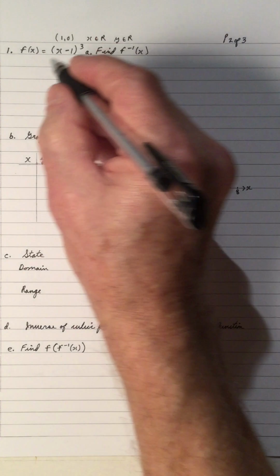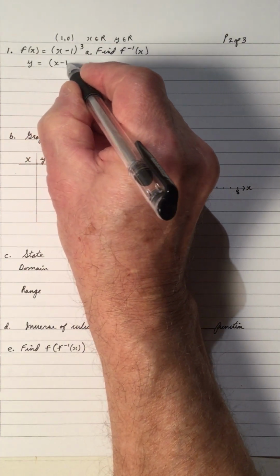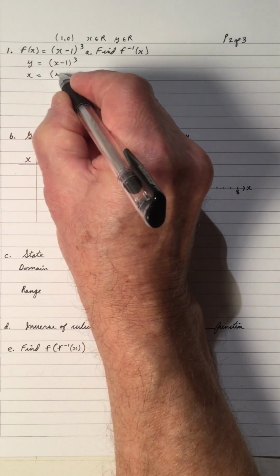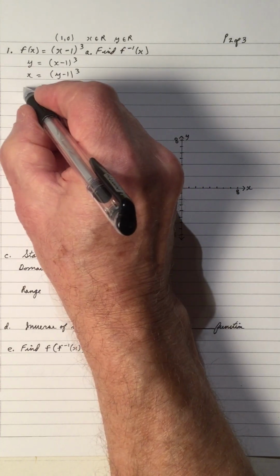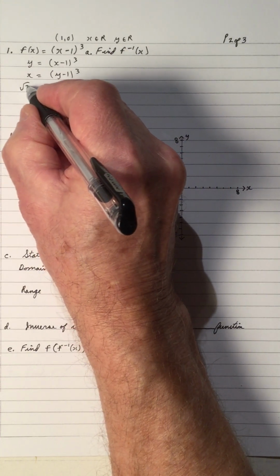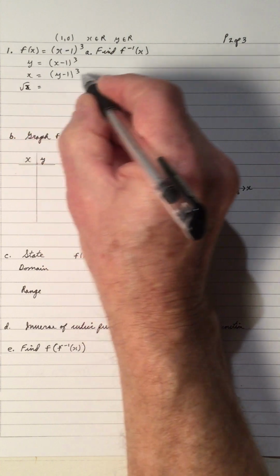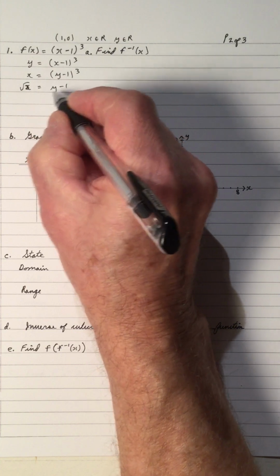So let's find the inverse of f of x. Let f of x equal y. Interchange y to an x and an x to a y. We've got a cube, so we'll do the cube root of each side. And y minus 1 cubed, the cube root is y minus 1.